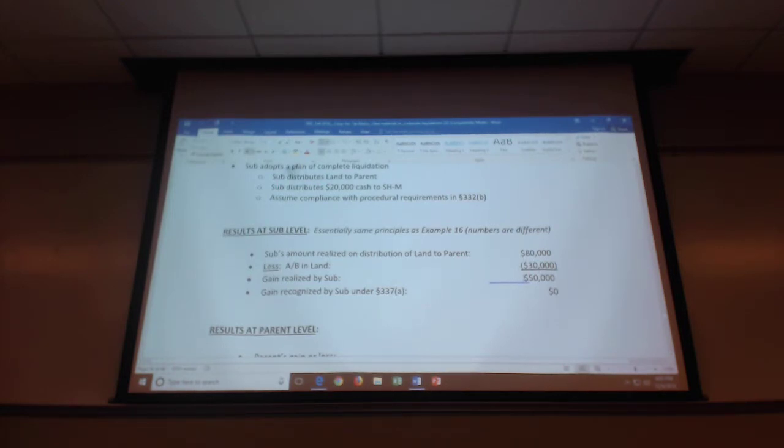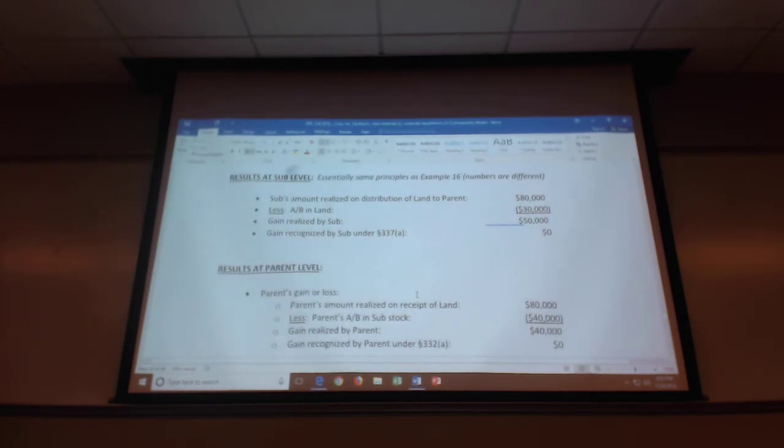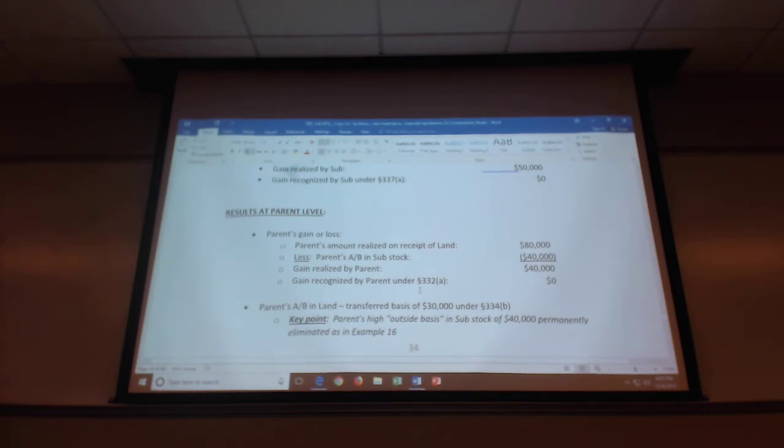Even though that's a realization event, it's still a non-recognition event under 337(a) because this is considered to be a valid 332 liquidation. At the parent level, also same as the previous examples. No change to the fact that the parent has no gain or loss recognized under 332.